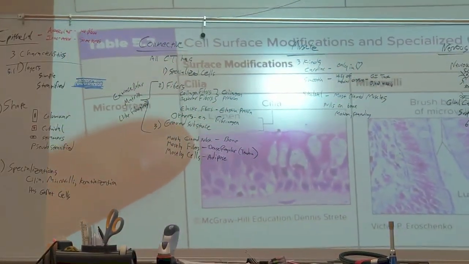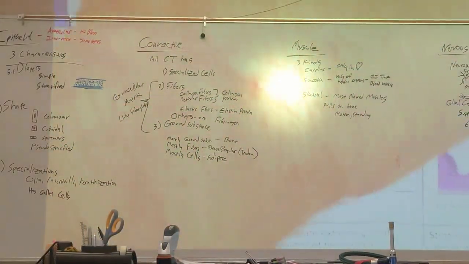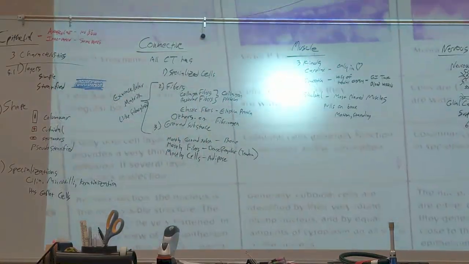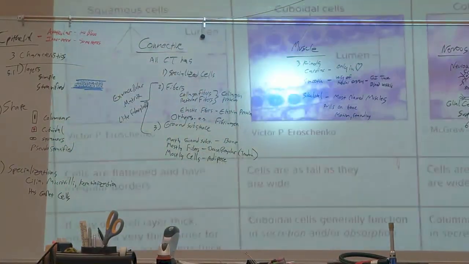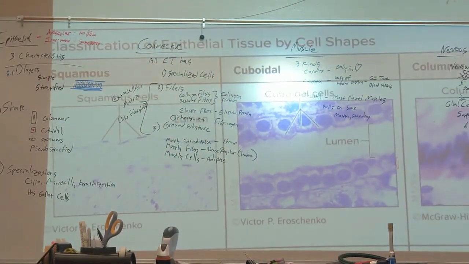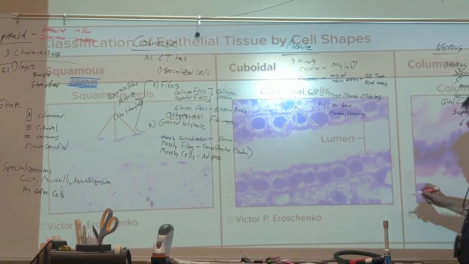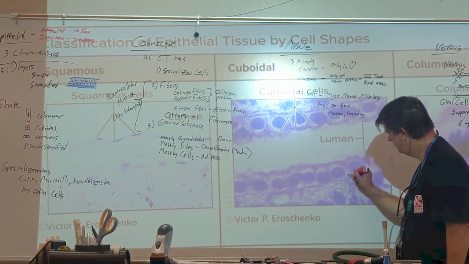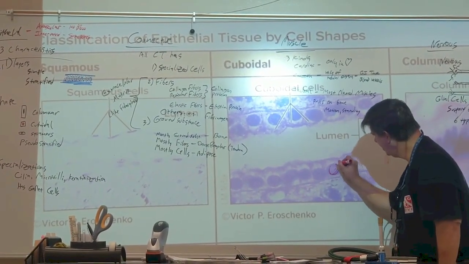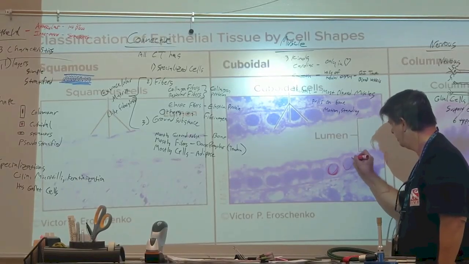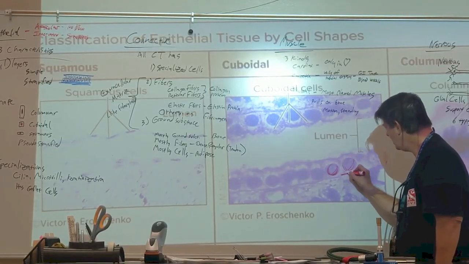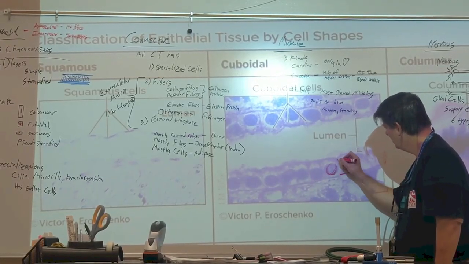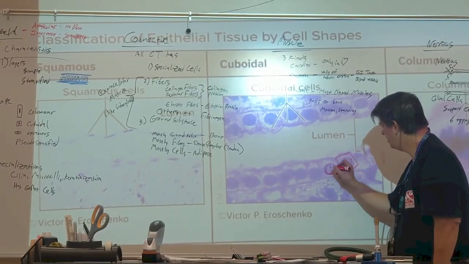Where we go? I'm in the wrong row. That's why I'm not getting it. All right, I'll move this up here. There we go. So these cells, would you agree? Very round nucleus, and kind of about the same height as width.